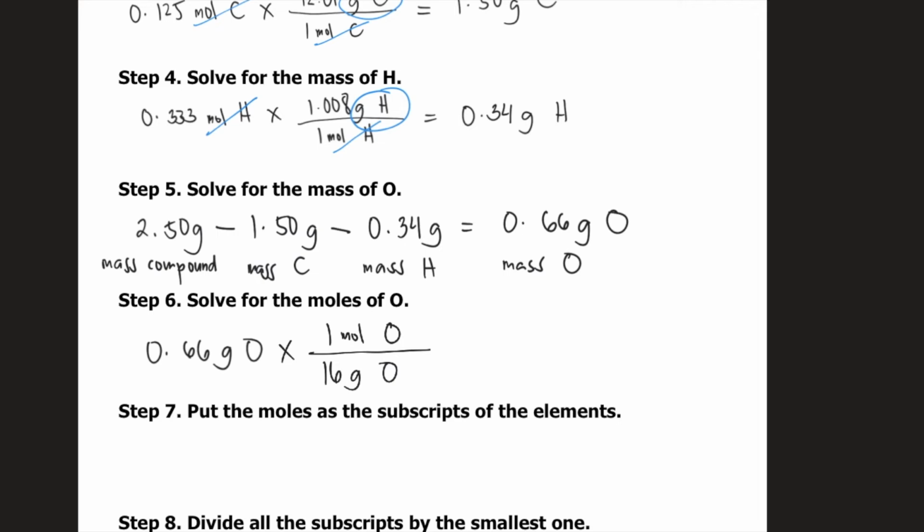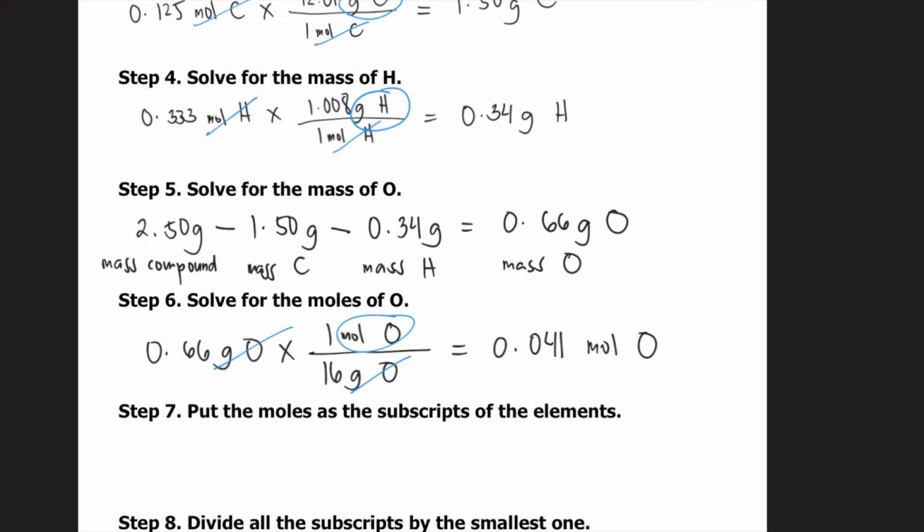So the grams of oxygen cancels out. So we are left with moles of oxygen. And if you solve this in your calculator, you will get 0.041 moles of oxygen. So that's for step number 6.